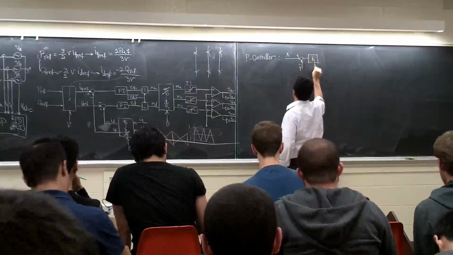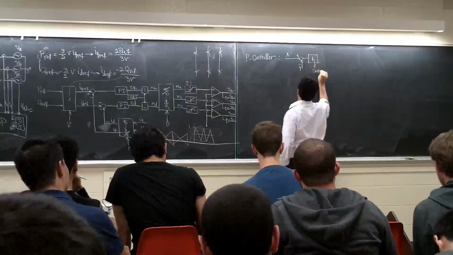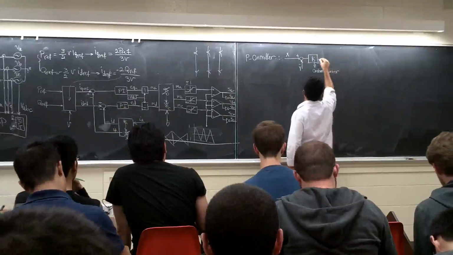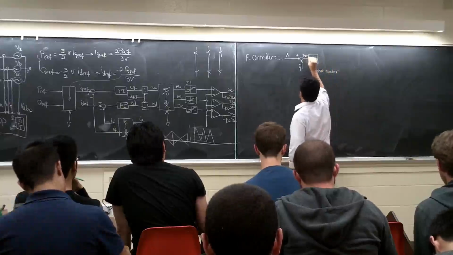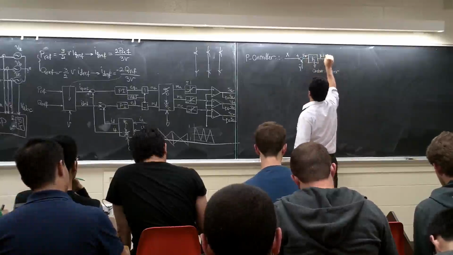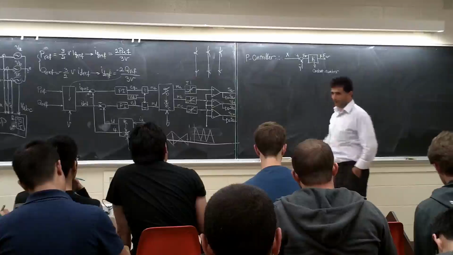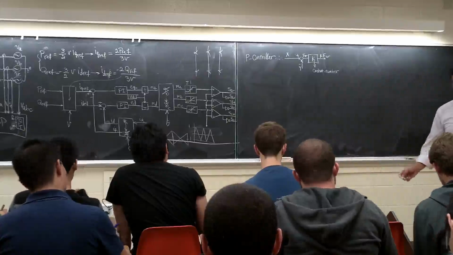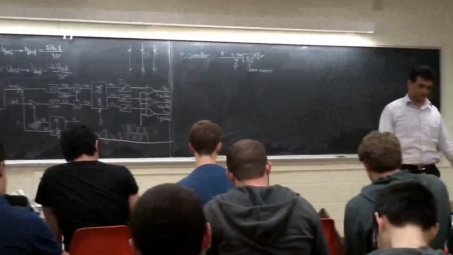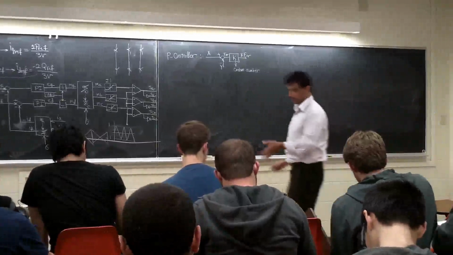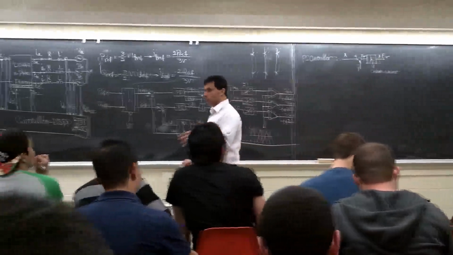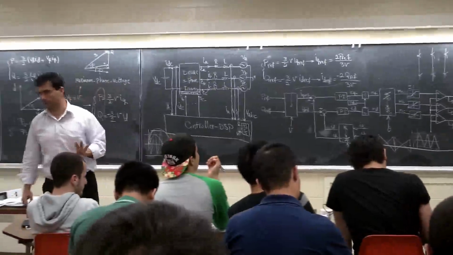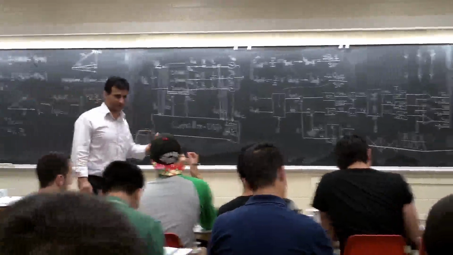And this K is a constant number. And here is the error, right? So this one is going to be K times error. The proportional controller is very, very simple. It's just a constant number. But you have to select the right number. That's very critical, how to select the number. I'll teach you how to select it for this system. We are going to go to root locus and the Bode plot and those kinds of things to select this number. But let's first understand what this one is.